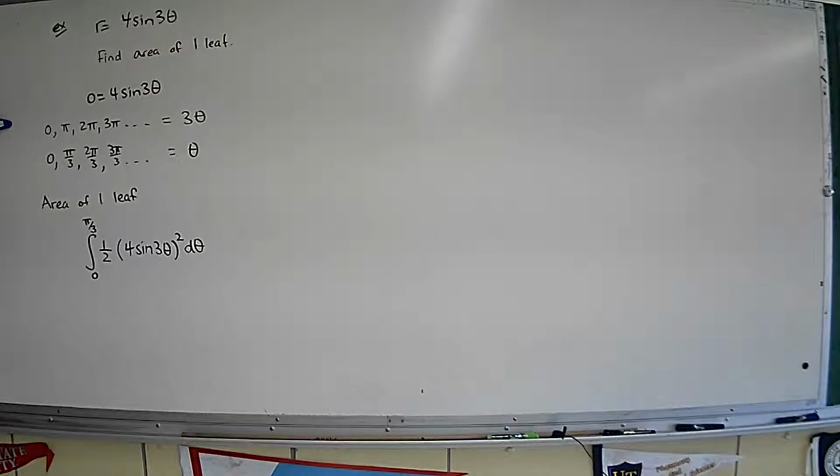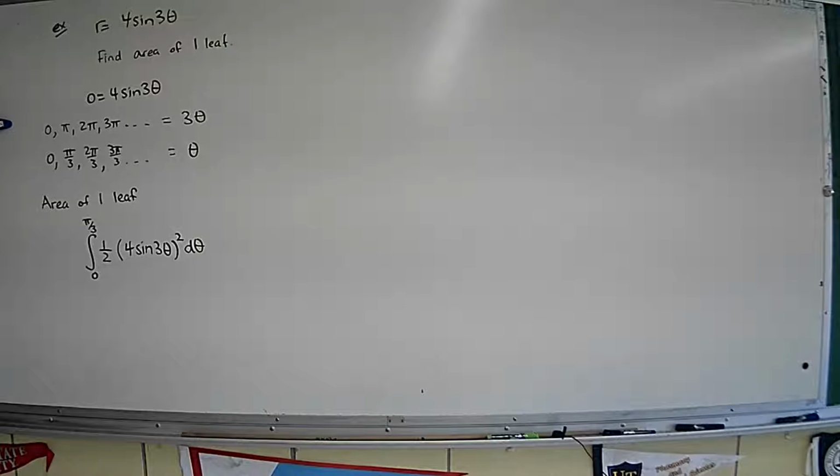So questions on that? Yeah. Since you just said find the area of one leaf, could you use a different bound so that it is in a different quadrant? You mean and get a different leaf? Yeah. Now sometimes you might be told specifically which leaf we're after. If I said find the area of the leaf that's in the first quadrant, then you'd have to give me that one.